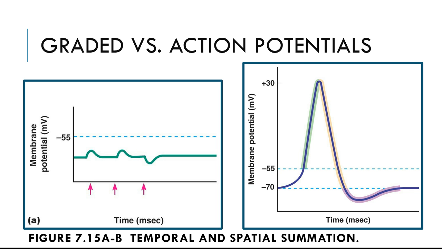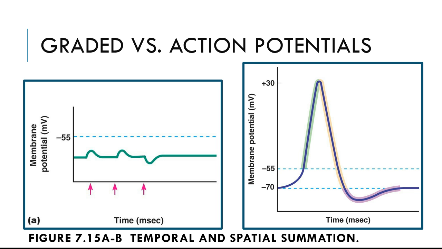What questions do you have at this point differentiating a graded versus an actual potential? So the key is graded potentials are deviations in potential which are where? Below threshold. So you would say subthreshold changes in potentials.